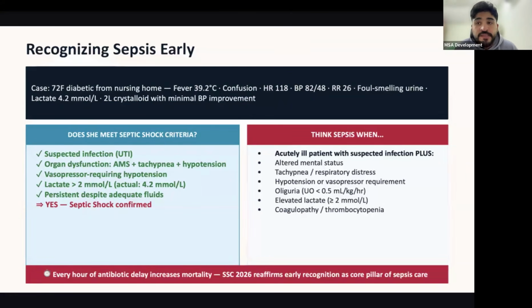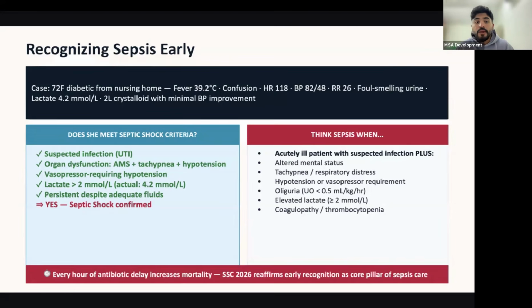Does she meet my septic shock criteria? Yes. I have suspected infection. Okay, she's clearly in organ dysfunction, given that her heart rate is high, she's hypotensive, and she's tachypneic. Okay, her lactate is high as well. And despite fluid resuscitation, she fails to improve. So yes, septic shock here is confirmed.